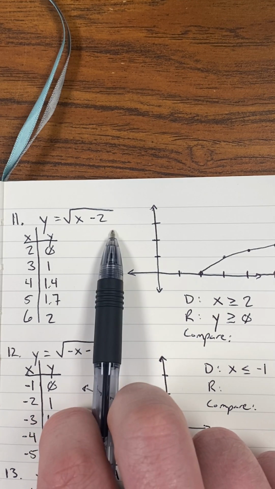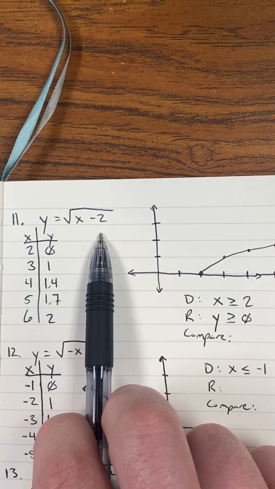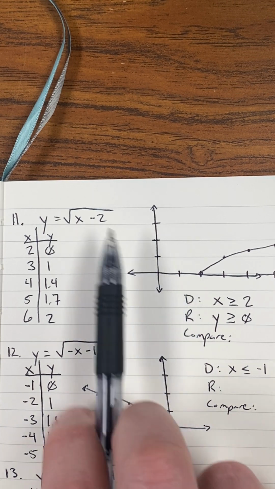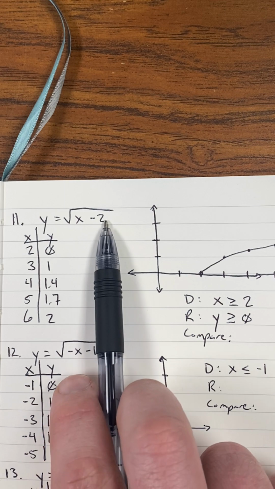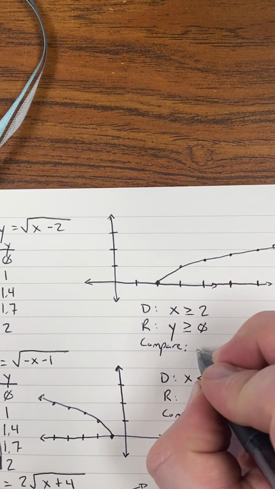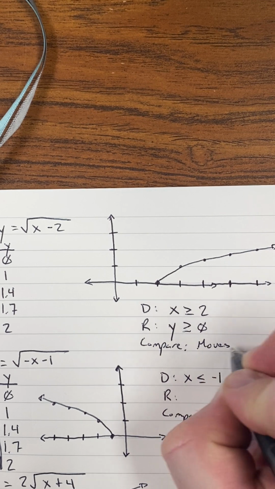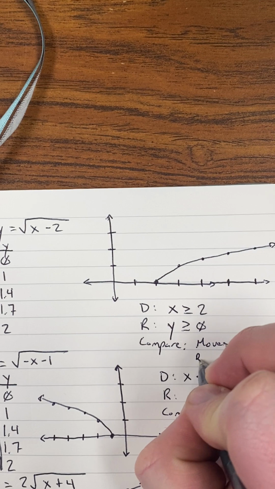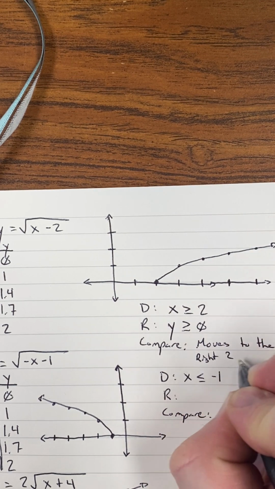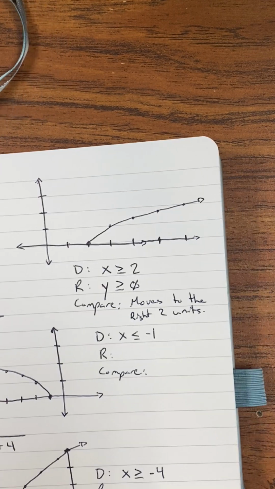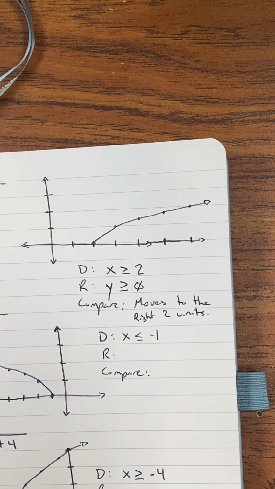So just like absolute values, just like quadratics, these also do the opposite of what you would think for the x values, because it's on the inside here. So for this one, you're going to say moves to the right 2 units. Okay, that's what you're going to write for this one.